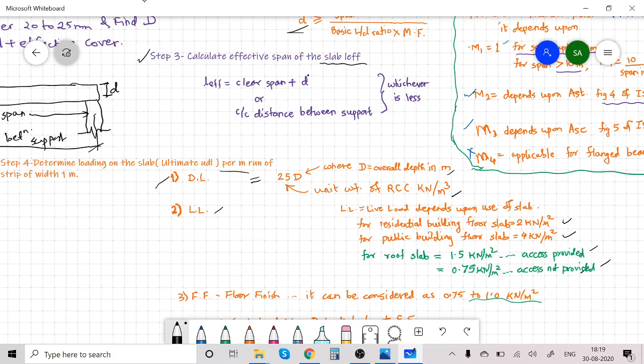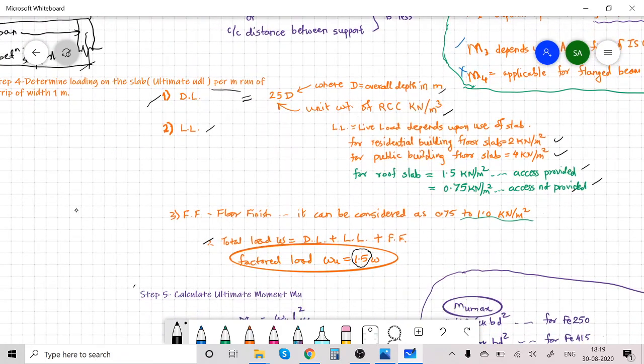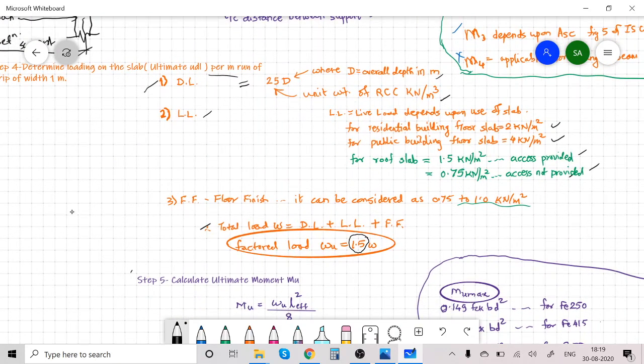Then floor finish, that is loading of tiling, waterproofing, etc. If it is not given in the examination, you will consider the floor finish load as 0.75 to 1 kilonewton per meter square.